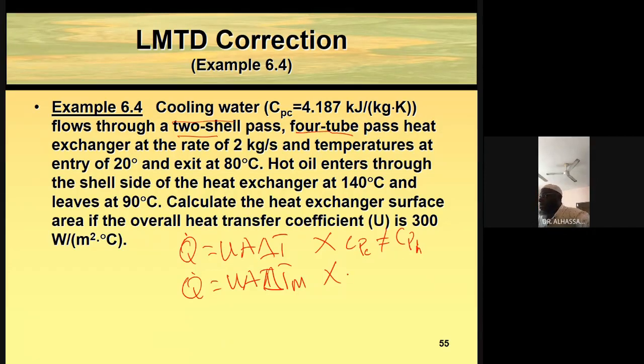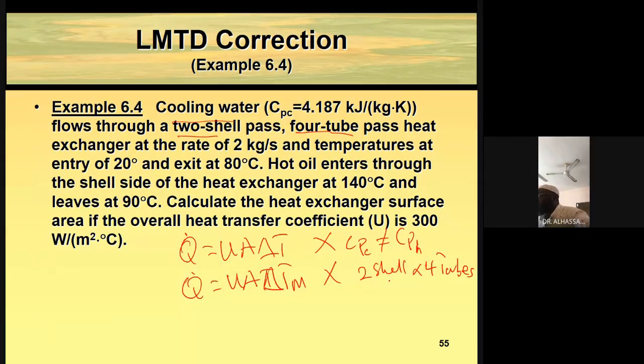Similarly, over here we have 2 shell and 4 tubes. Because of that, we cannot use this equation.